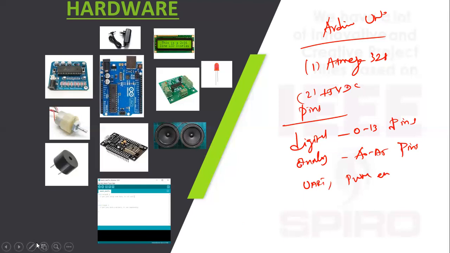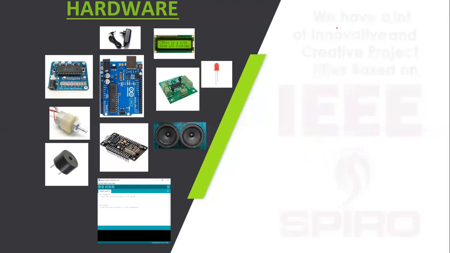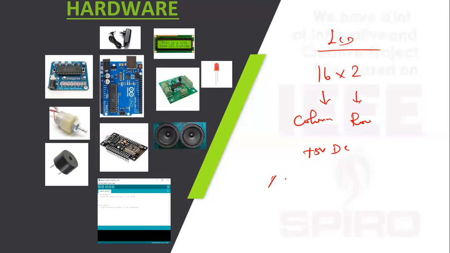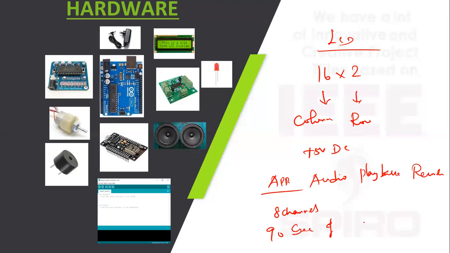The second one is the LCD. Here we are using a 16 cross 2 LCD: this one is the column, this one is the row. Its operating voltage is plus 5 volt DC. Next one is the APR module. APR means audio playback recorder. It has 8 channels, and each channel can record 90 seconds of audio.